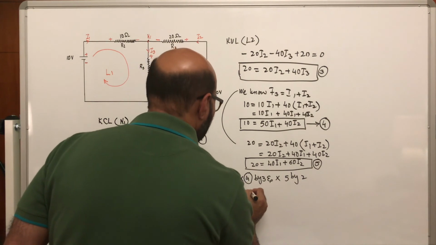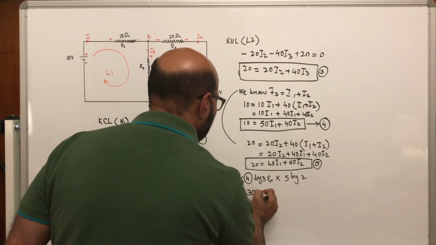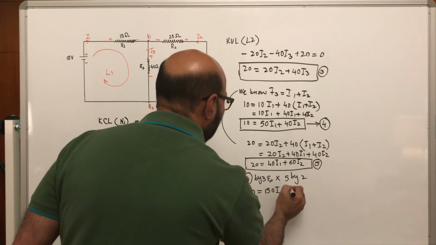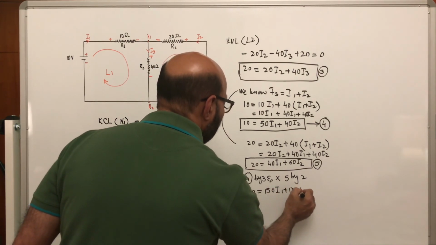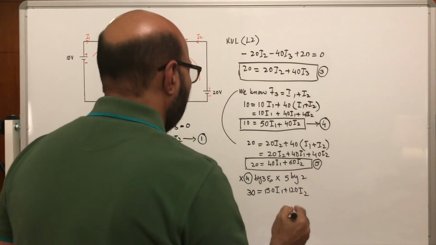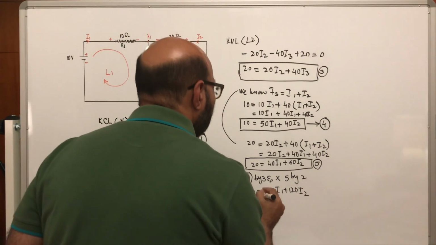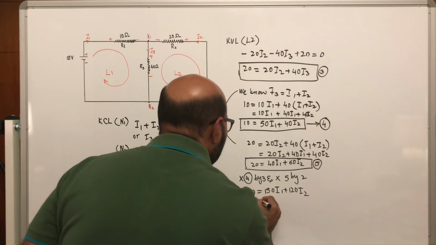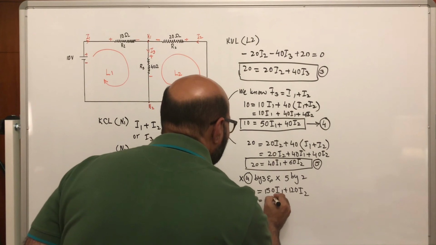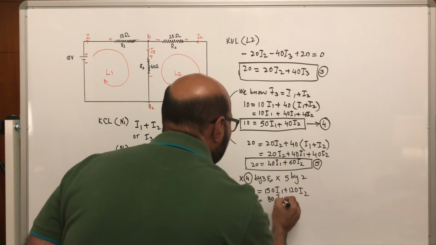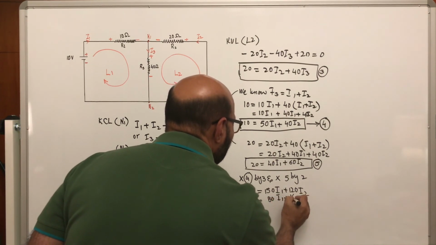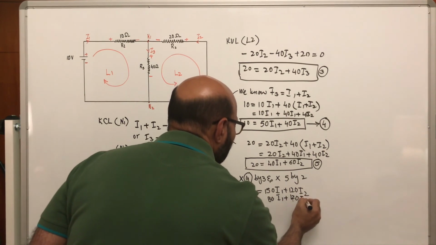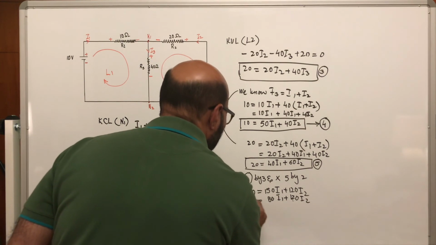So we have 30 equals 150I1 plus 120I2, and equation 5 is 40 is equal to 80I1 plus 120I2. Now we can subtract.